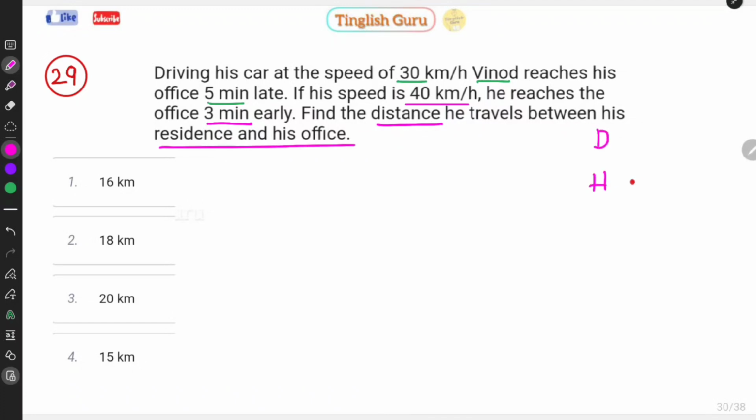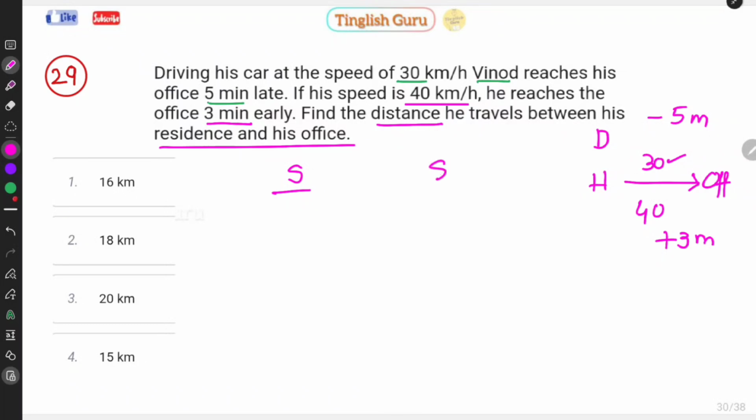If he travels at 30 kilometers per hour, he is 5 minutes late. If he travels at 40 kilometers per hour, he is 5 minutes early.